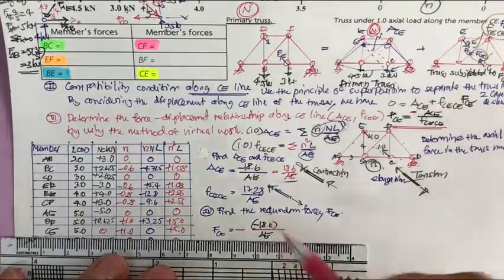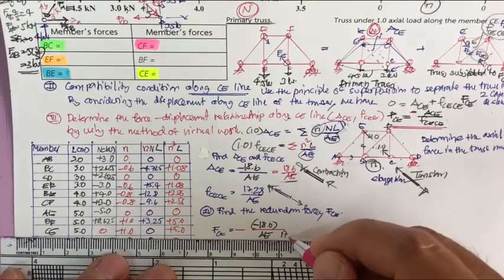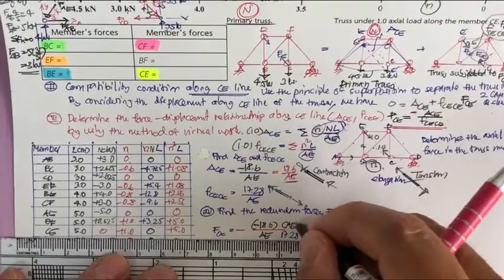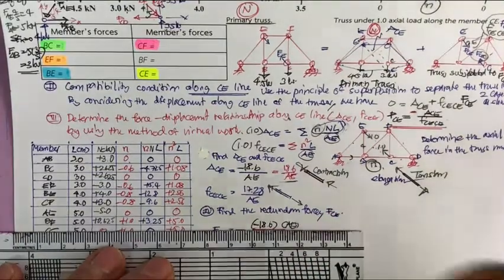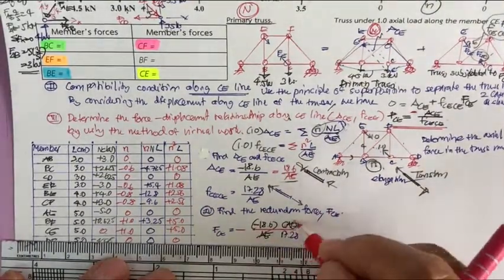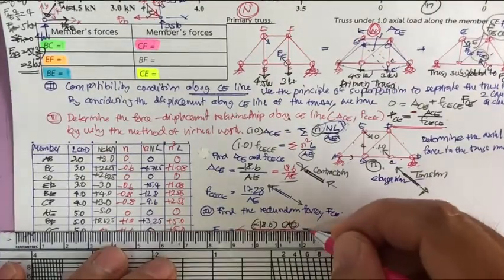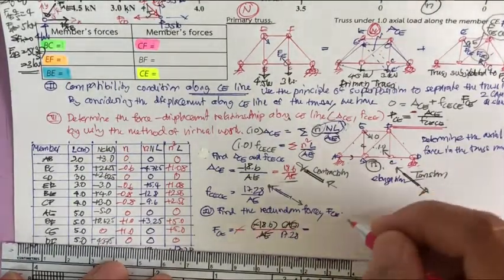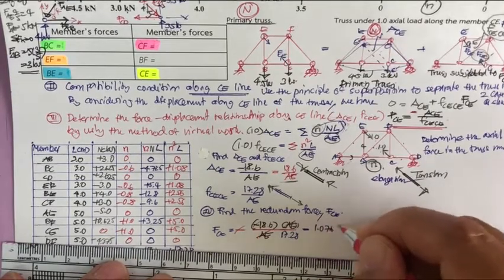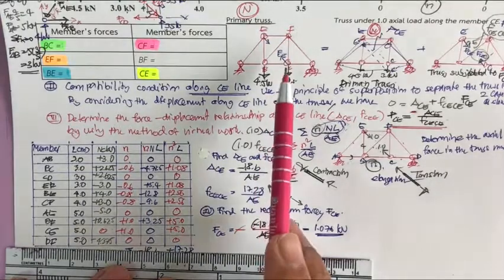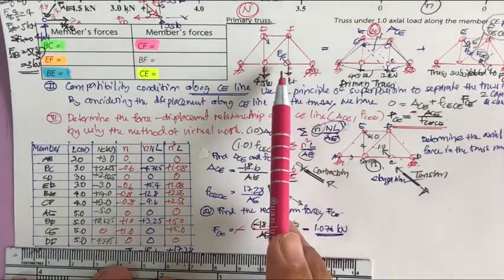And then this one is going to be 17.28, also divided by AE. And you may get this one of 1.076. This is 1.076 kilonewton, and it's going to be in this direction.